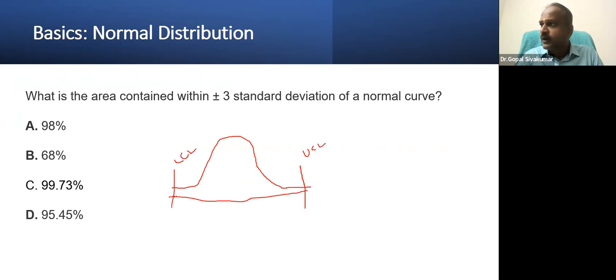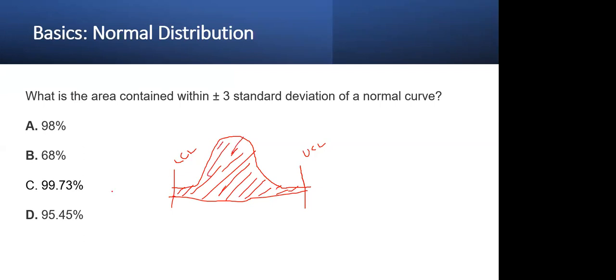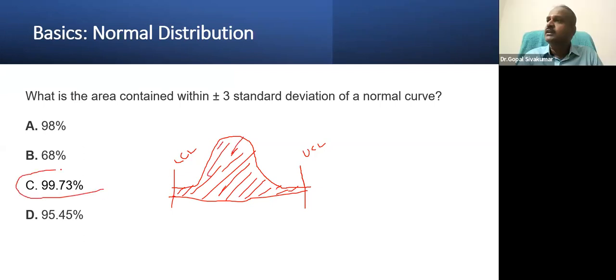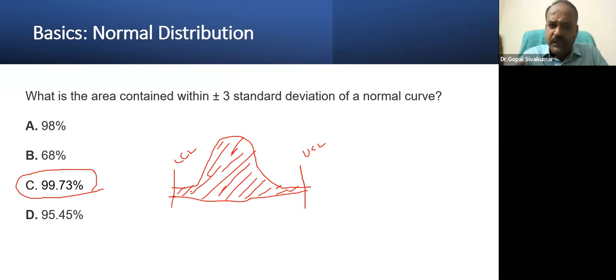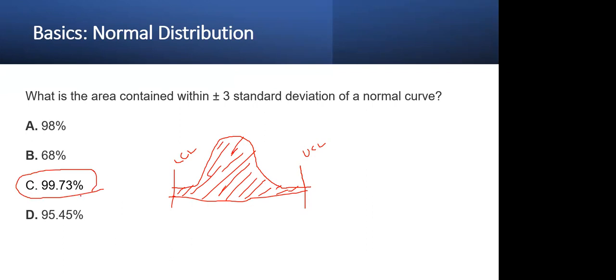Now, what percentage of the curve is inside the control limit? Almost the major portion of the curve is inside, right? So this is called 99.73. If you go up to control limit, almost 100% is covered, but exactly 99.73.